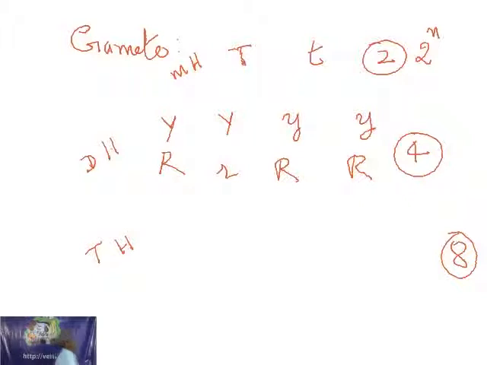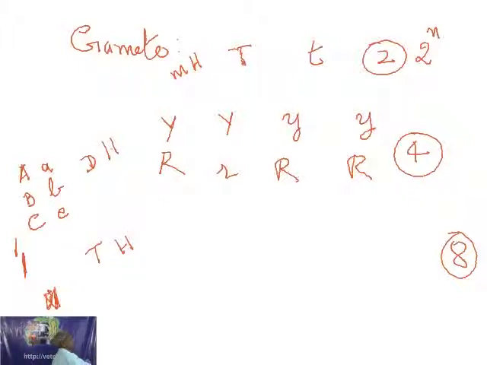See, you may be wondering how 8 gametes are produced. Now let me take a condition like this: capital A, capital B, capital C, small a, small b, small c. I am taking 3 genes for a trihybrid and I am going to write the 8 gametes.